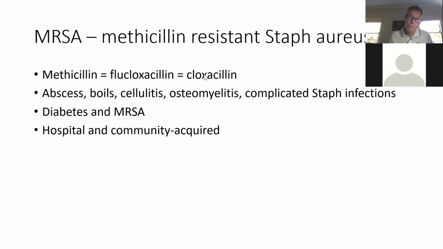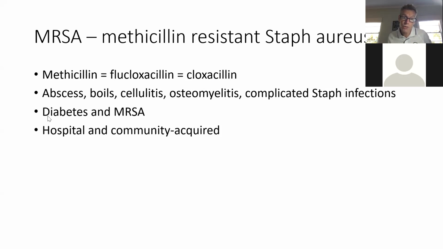They're all equivalent drugs, but clinically we use flucloxacillin or cloxacillin, but the laboratory uses methicillin just to detect MRSA. And MRSA causes the sorts of infections I've mentioned. It causes abscesses or boils or cellulitis or osteomyelitis, or complicated staph infection with lung abscess or empyema, sometimes endocarditis.